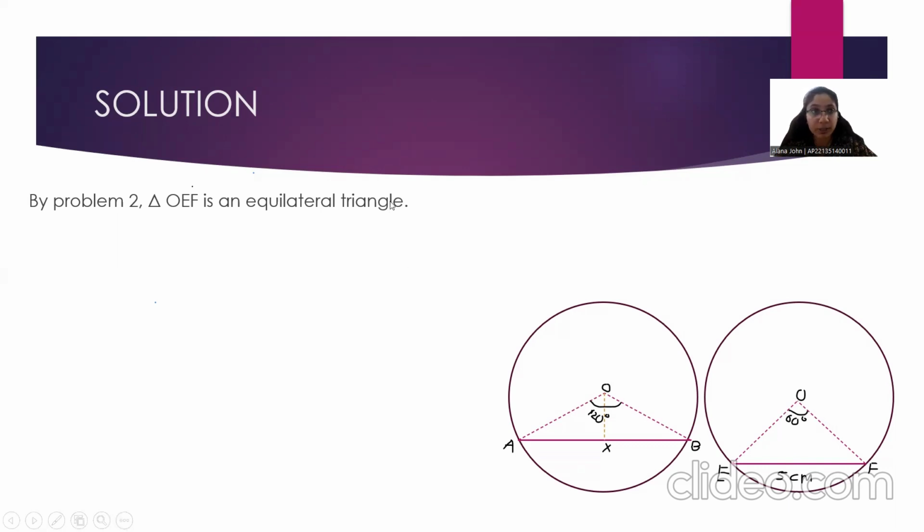We have the property that the angles opposite to the equal sides of a triangle are equal. Then these two angles will also be equal.